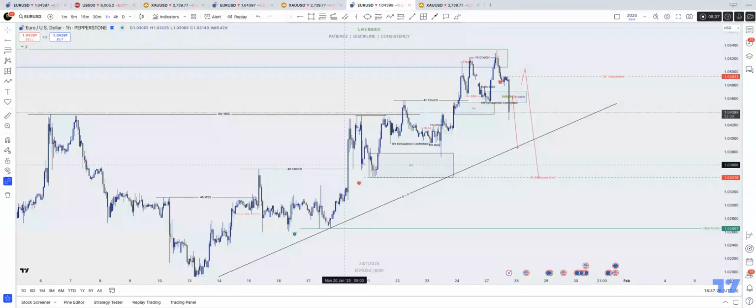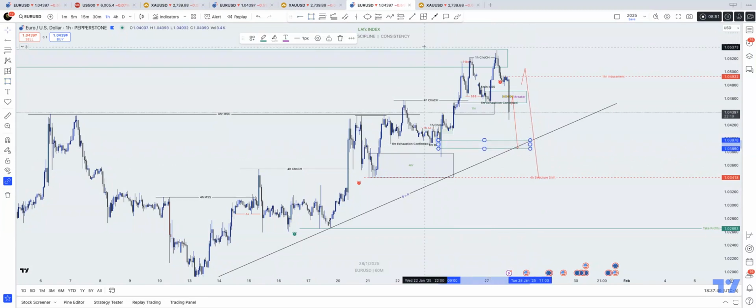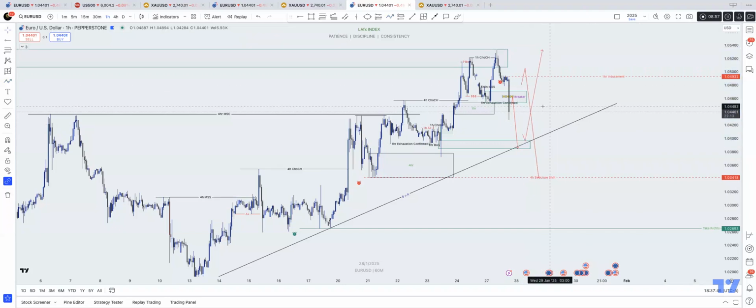So what we see depends on what price does, right? We could have price buying from here. So with our other flow classes where we know completely, once we sweep this inducement, which we have, that means this range is done.